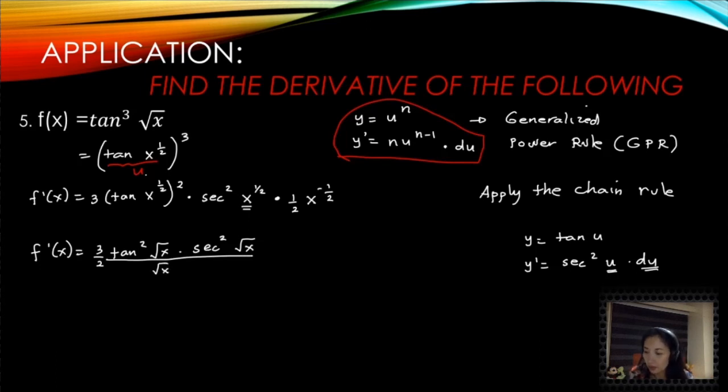Or in fact, I could put the 2 and this together and write it in this manner. So f prime of x is equal to 3 tangent squared square root of x secant squared square root of x, all over 2 square root of x.